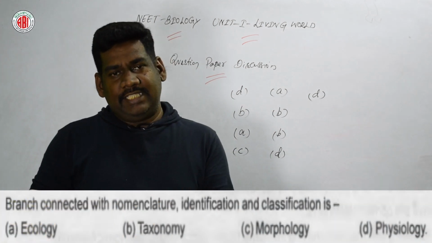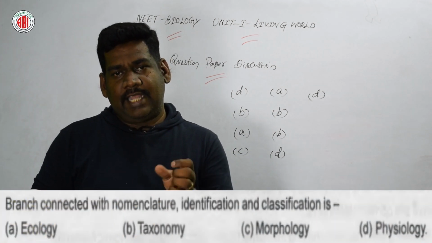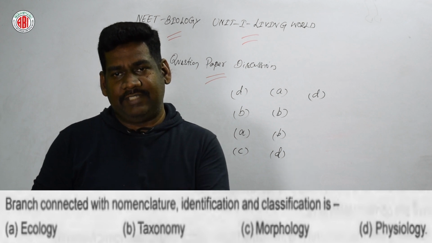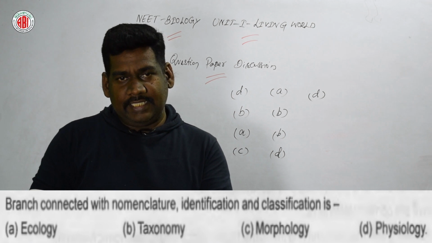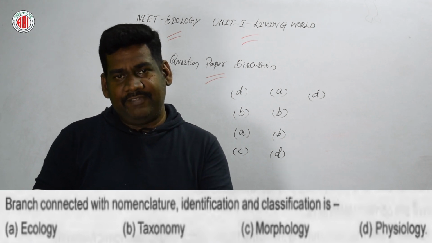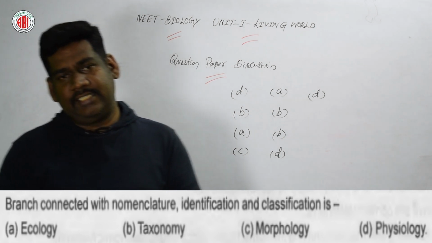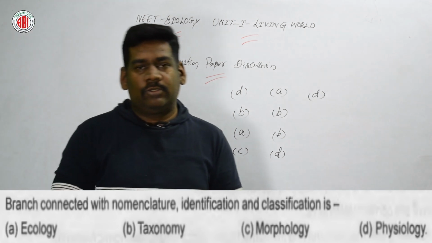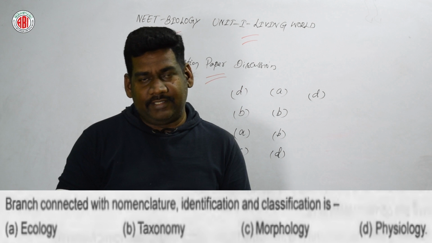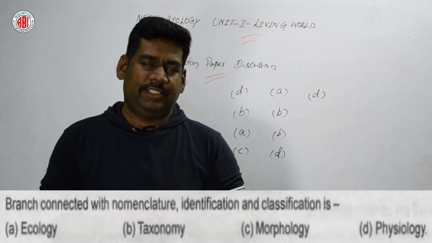The branch which is connected with nomenclature, identification and classification. This is a branch of science which deals with nomenclature, naming of organisms, identification, identifying the organism, and classification. It's a very simple question.